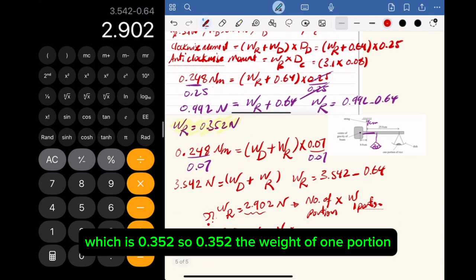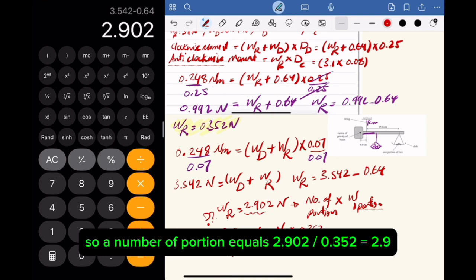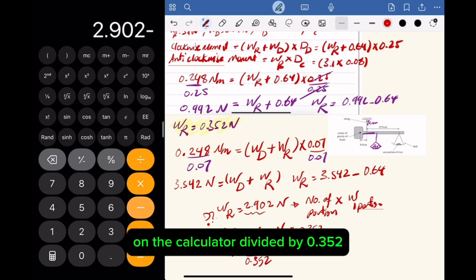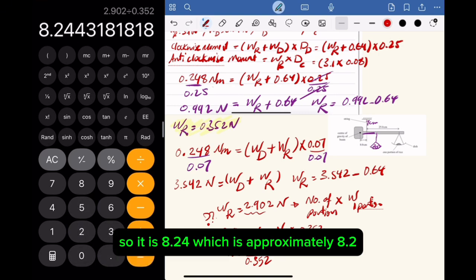So the number of portions equals 2.902 divided by 0.352. On the calculator, 2.902 divided by 0.352 is 8.24, which is approximately 8.2.